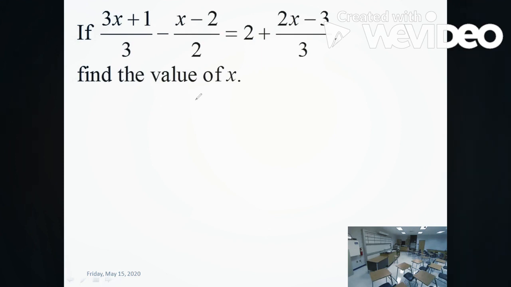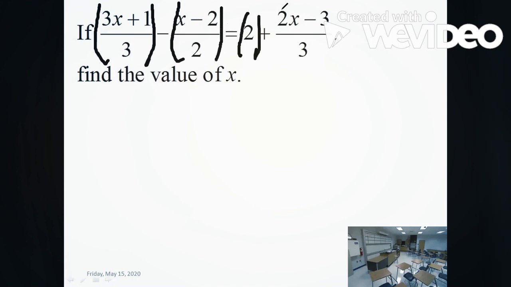So what we're going to do is bracket each term, and what we do is find the LCM. Well, let's put this 2 over 1. So the LCM of 3, 2, 1, and 3 is 6. When you find the LCM, we multiply each bracket by the LCM.